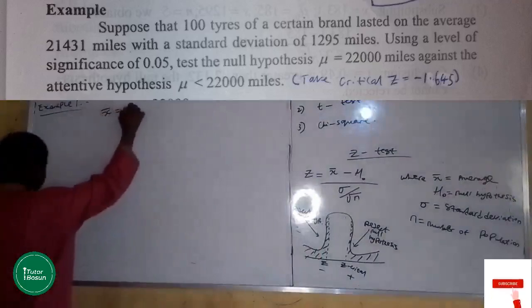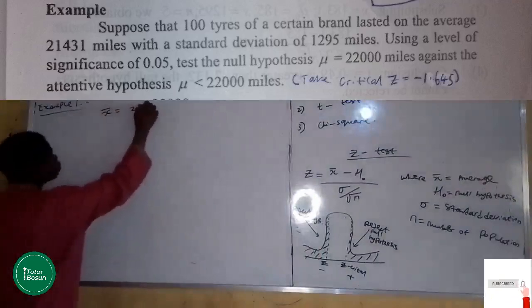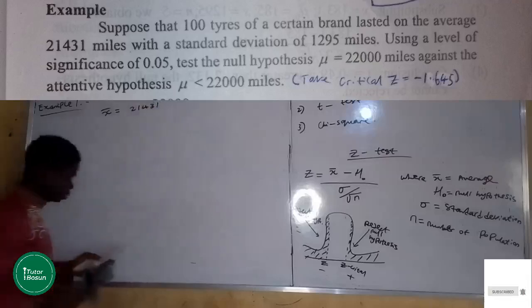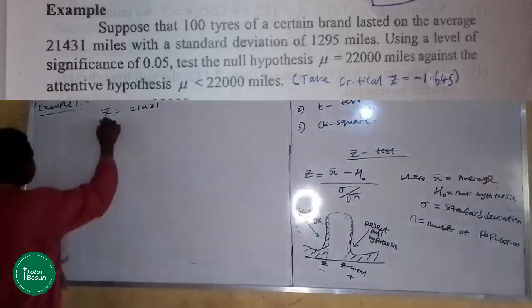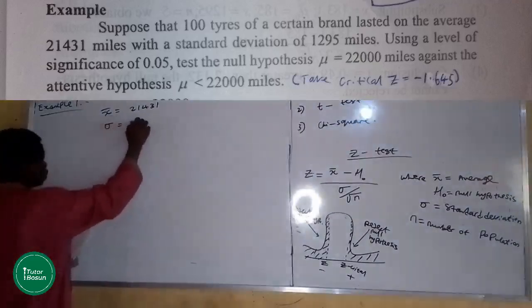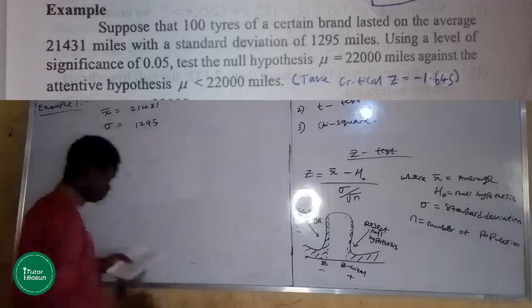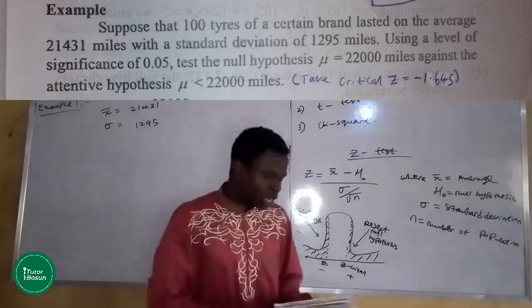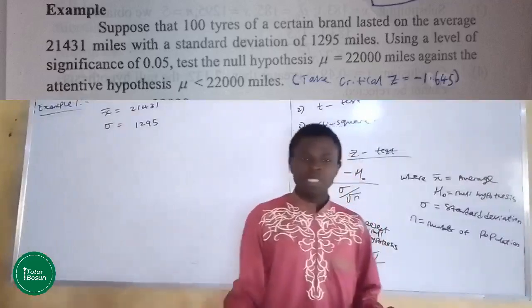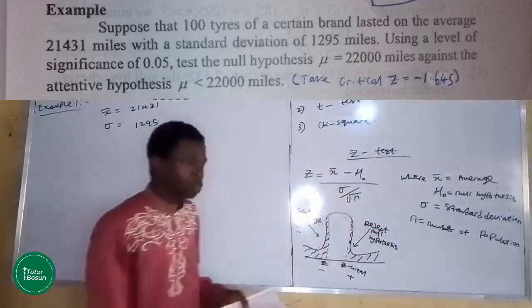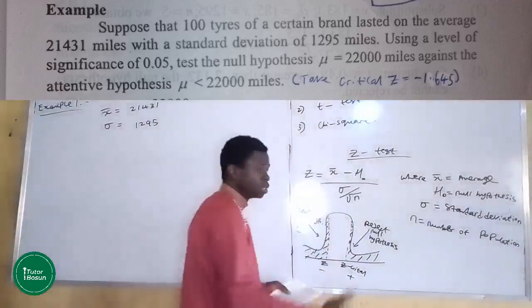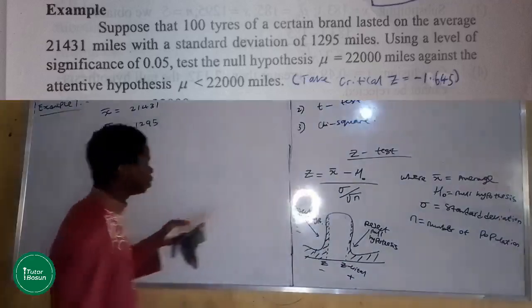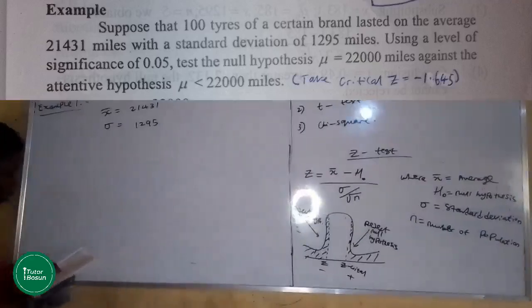X bar equals 21,431 miles, with a standard deviation of 1,295, sigma, that's sigma, 1,295 miles. Using a level of significance of 0.05, that's 5%, 5 divided by 100, that's 0.05. So we are given that level of significance, which we are not even using in this aspect because it is not involved in the formula.